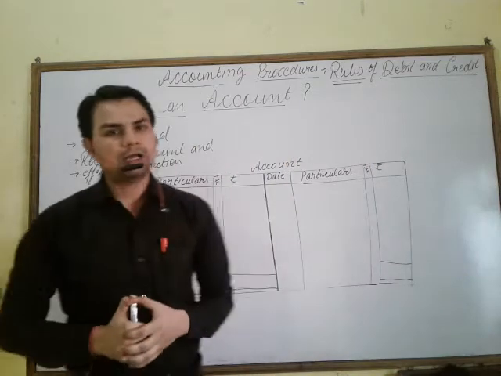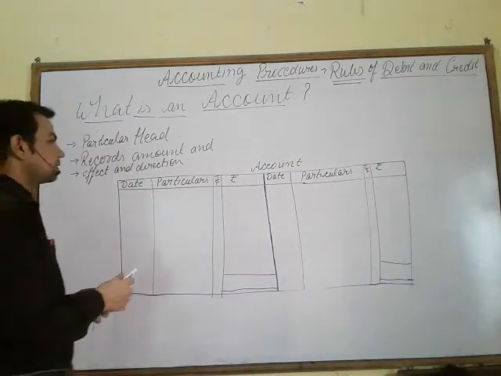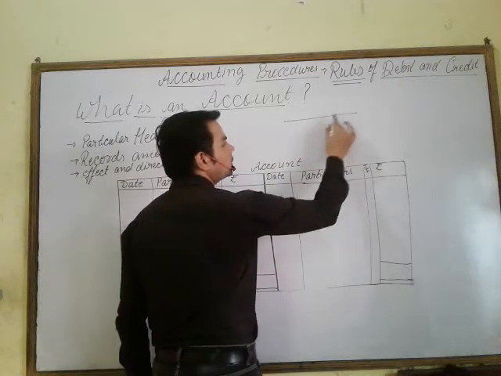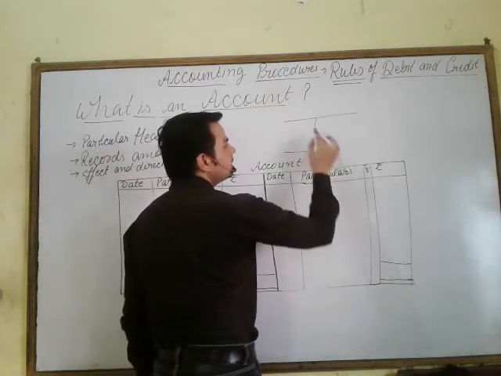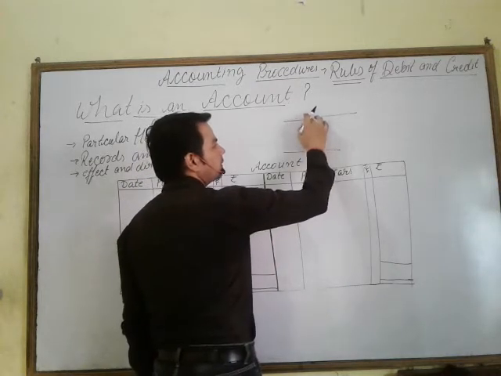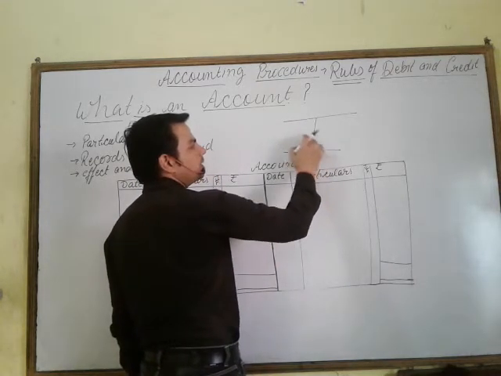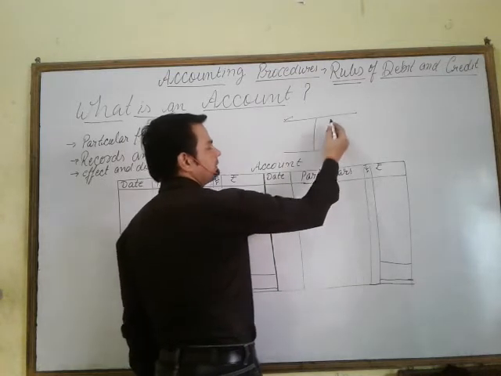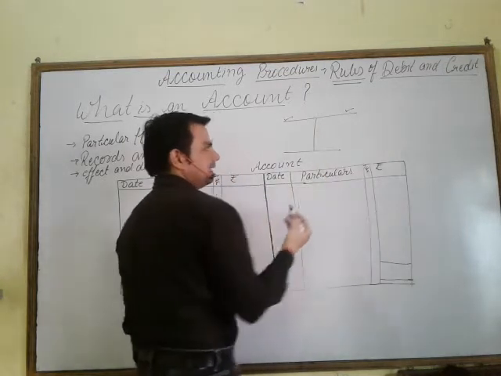It is also known as a T-shaped account, where one format is divided into two equal halves: left hand side, first half, and right hand side, second half.